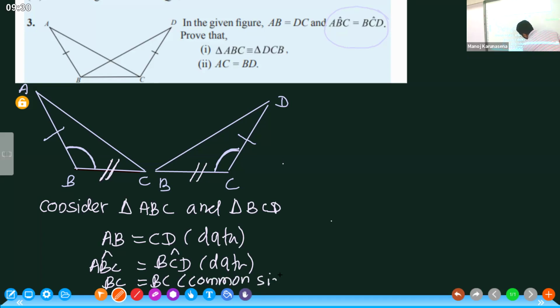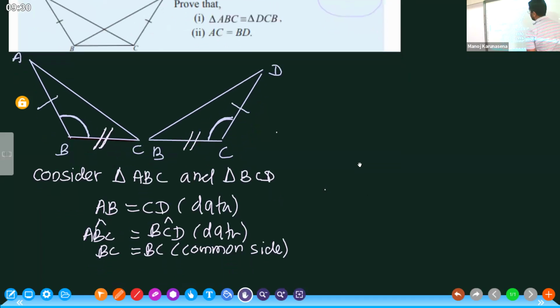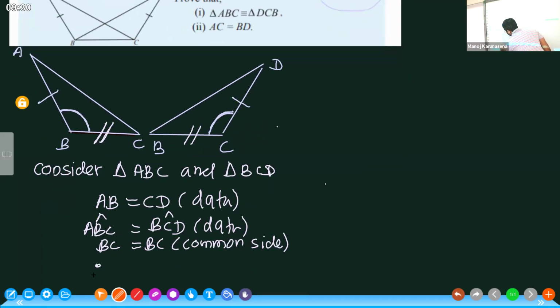Right. So the two sides and the included angle of one triangle equal two sides and the included angle of another triangle. Therefore, ABC triangle is congruent with BCD triangle.